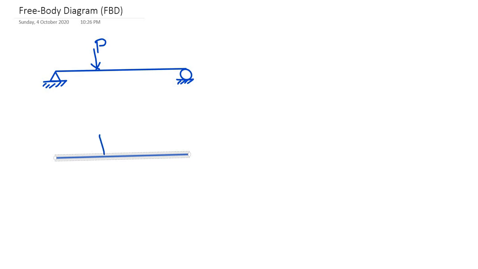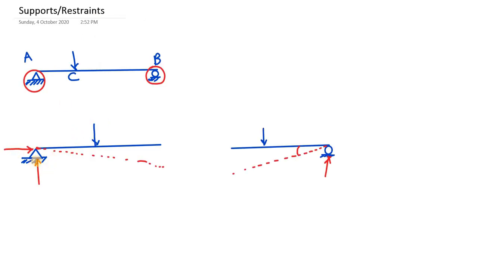So this P force, and what other forces can act? These support reactions, possible support reactions, which we discussed in the previous discussion. These reactions, 2 from this hinge and 1 from this roller.